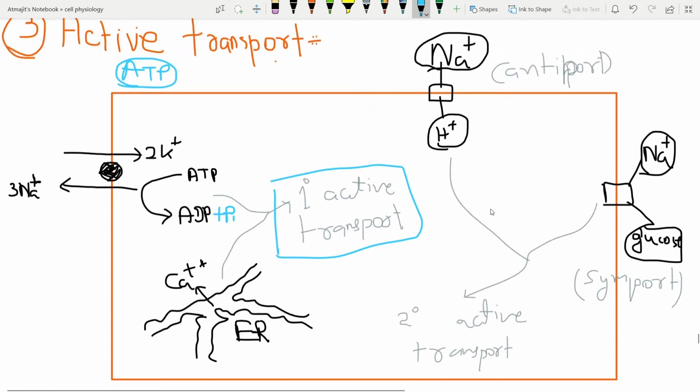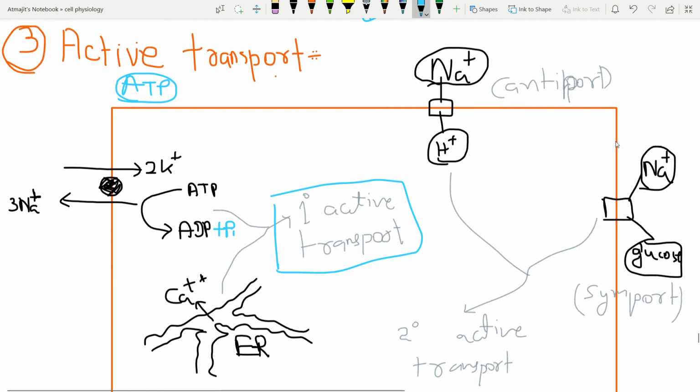But if this is a gastrointestinal cell in the small intestine, the sodium glucose symport will work to take glucose from the GIT into the cell.